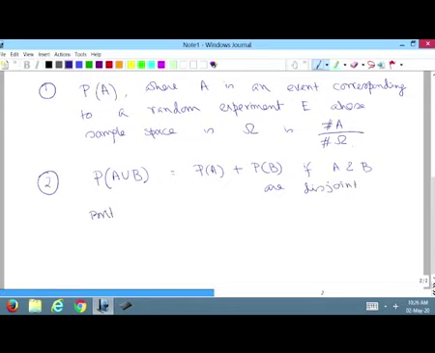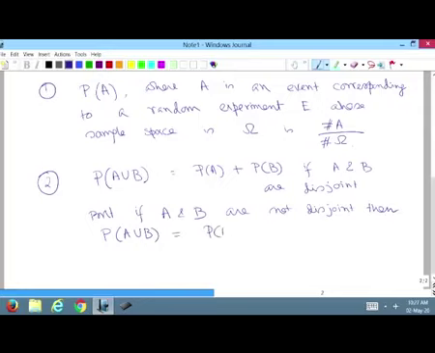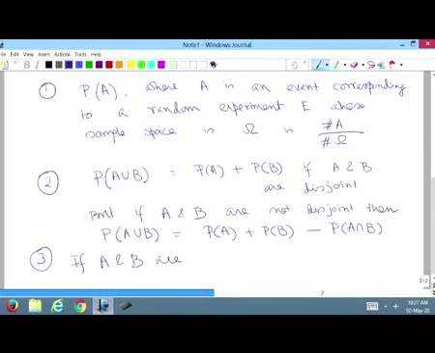But if A and B are not disjoint, then probability of A union B is equal to probability of A plus probability of B minus probability of A intersection B. And thirdly, if A and B are independent events, then probability of A intersection B is equal to P A times P B.